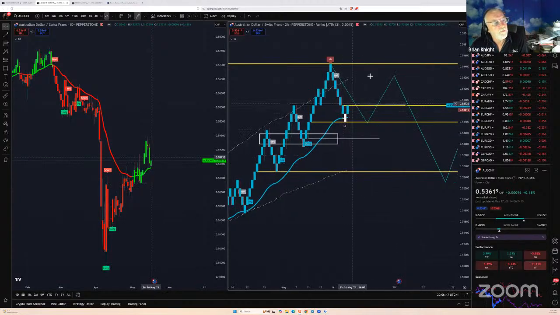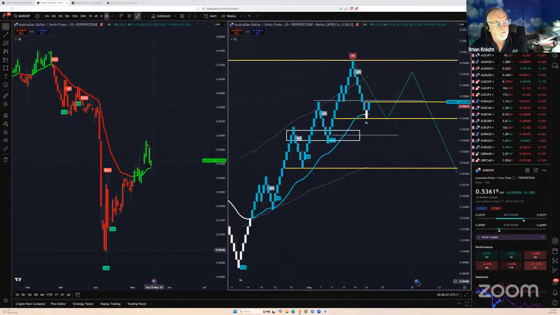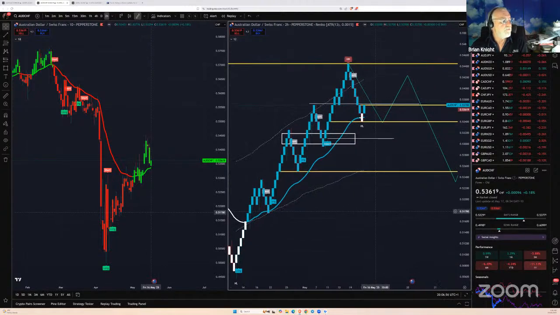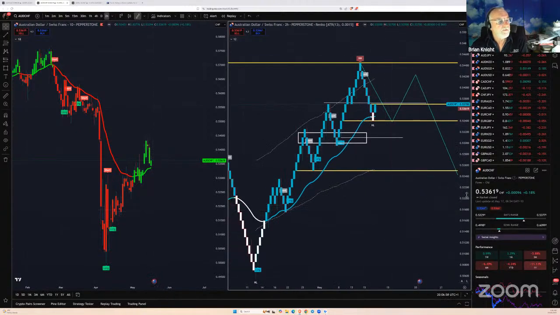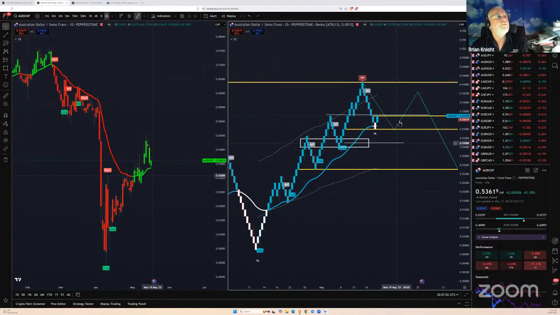So they just pull back, but this also is going to be affected by the rate decision as well. Okay. So just see what happens when the market opens.